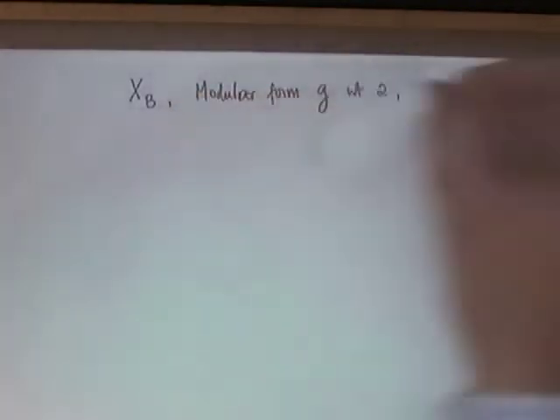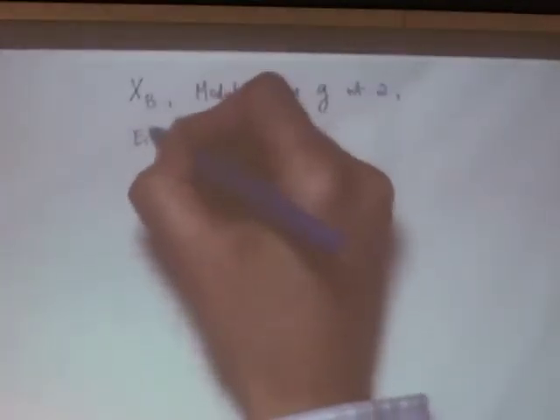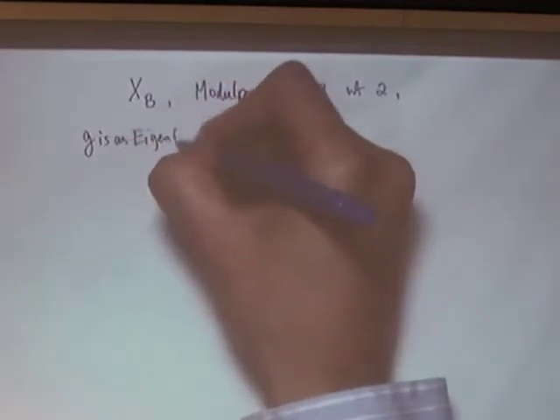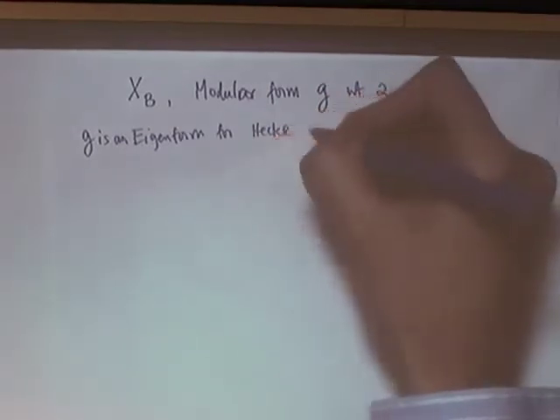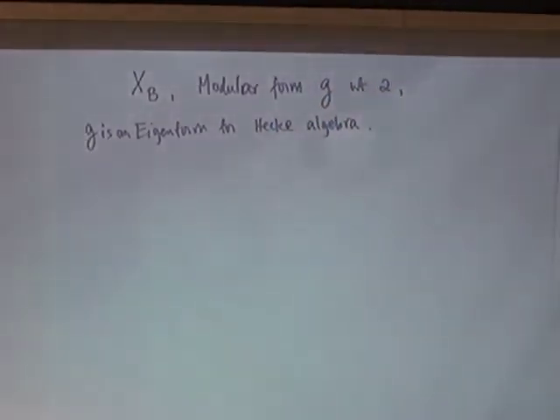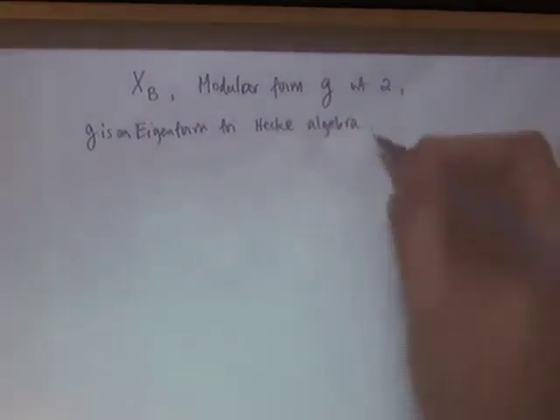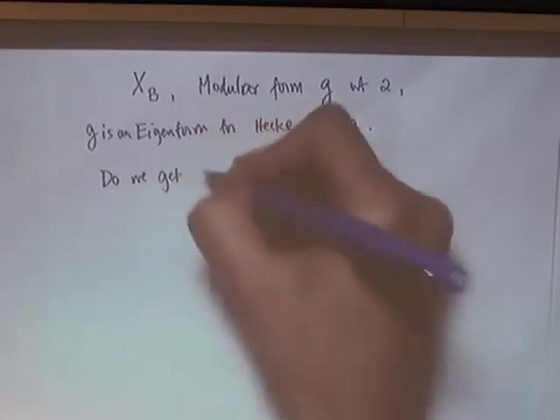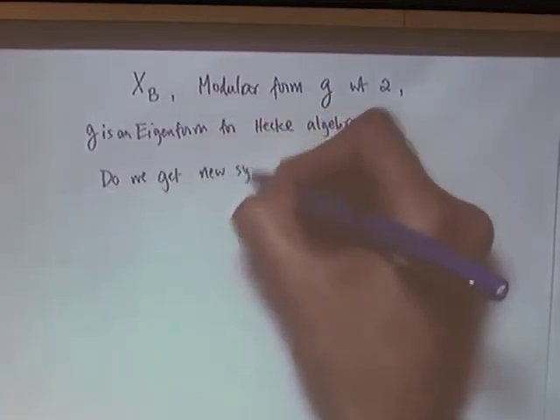So let's pick something that's an eigenform, say G is an eigenform for the Hecke algebra. The Hecke operators are indexed by the primes and so on. The situation is very much like GL2. So you might ask yourself, do I get new systems of Hecke eigenvalues in this way?